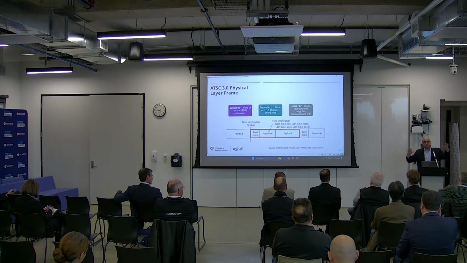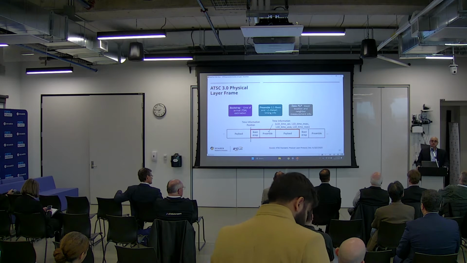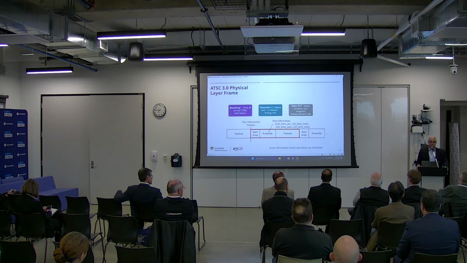Remember, Sam has a picture, but it was not to scale: bootstrap, preamble, and then the payload piece. One thing that ATSC 3 allows is you can control the quality of service of the bits.